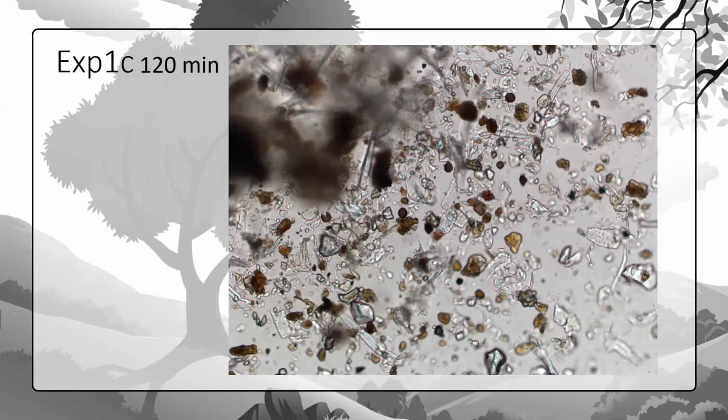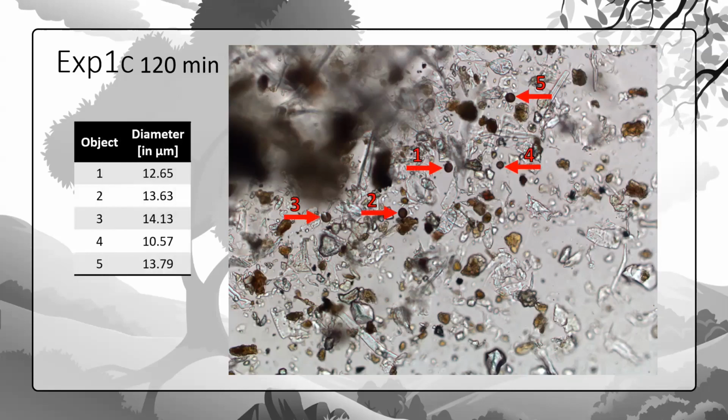So this is an issue right now, and so on and so forth. But again, if you look hard enough, you find myxos again. Even one is broken. Measuring them, it is interesting that we find them in different ranges, indicating the possibility that we have even different myxo species.